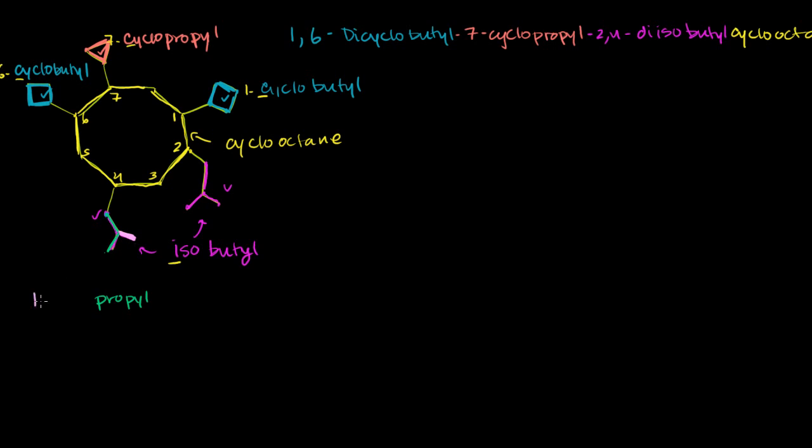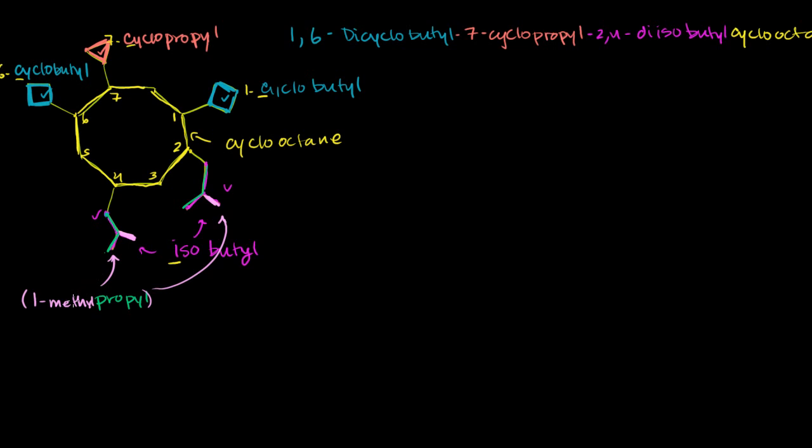So this is 1-methyl propyl. Another way to think about it, an isobutyl is the same thing as a 1-methyl propyl. This is the propyl part, and that right there is the methyl part.